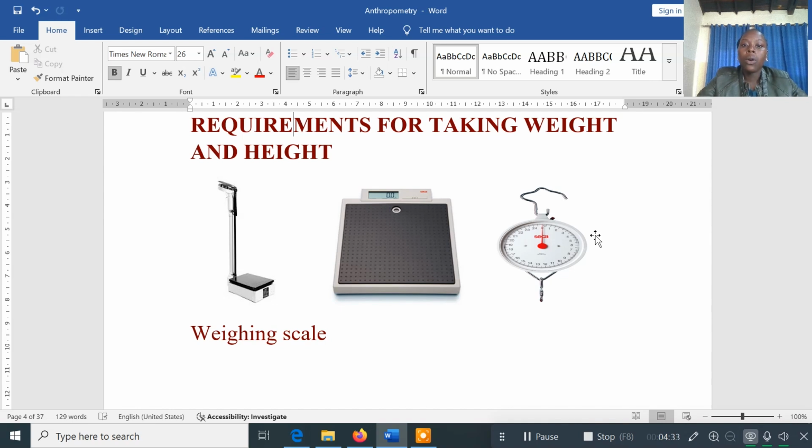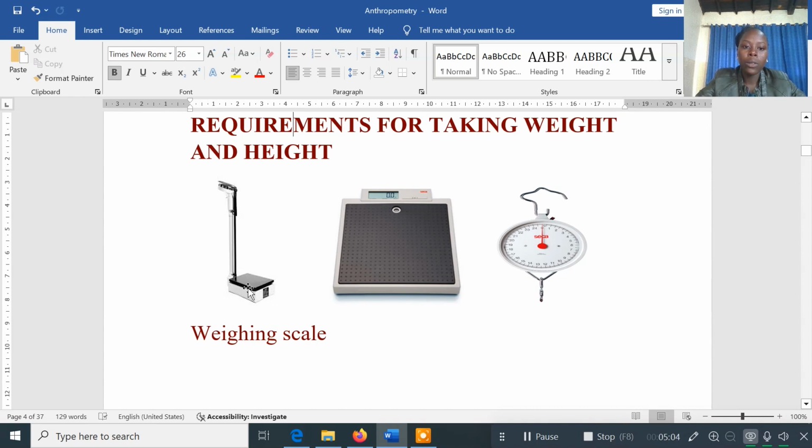We have different types of weighing scales depending on the age of an individual. So these illustrations that you're seeing are all weighing scales but of different types, and they cater for different ages, and they're not the only ones that we have. We have even some other weighing scales.